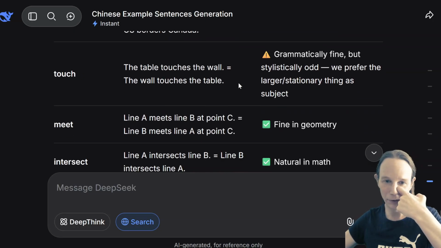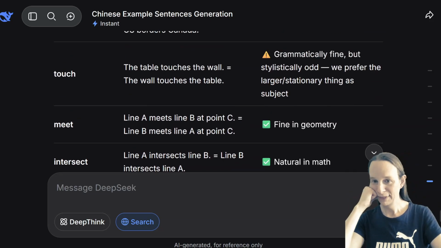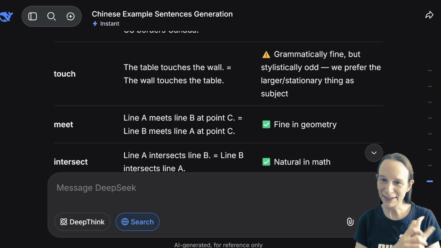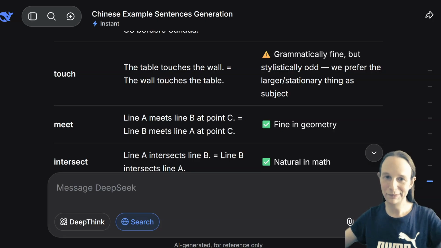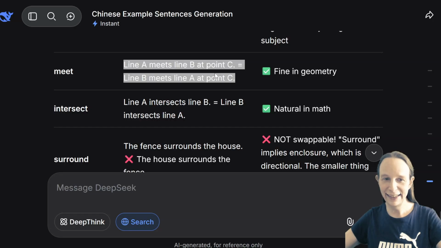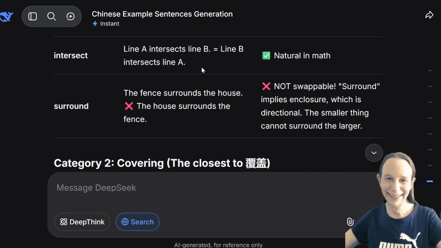The table touches the wall. The wall touches the table. Yeah. Would you say the table touches the wall, or would you say the table abuts the wall? Maybe touches is all right. Meet. Line A meets line B at point C. Yeah, they intersect. These are all maths ones.